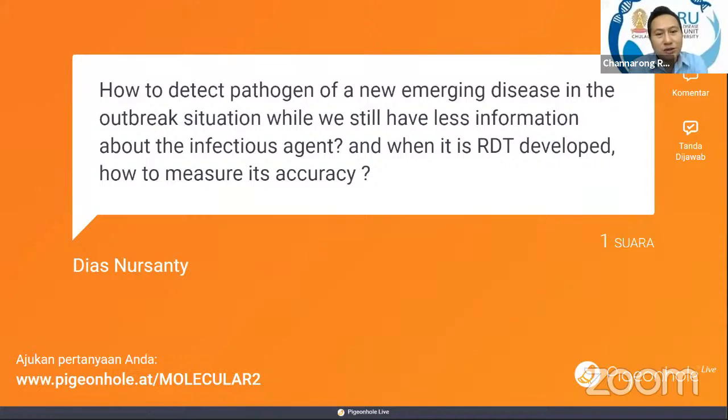Then we have to amplify the virus by using a universal primer for virus or even for bacteria. Then we scope down what kind of bacteria or what kind of virus we found in that emerging disease. Then you may apply other molecular techniques to identify it. Finally, you will get the new emerging disease.